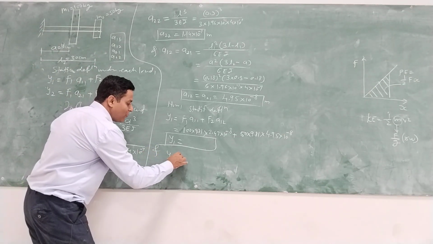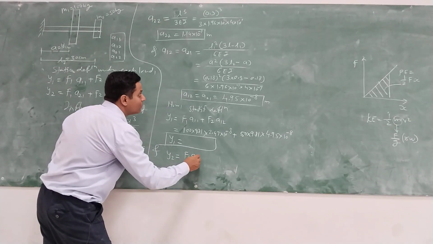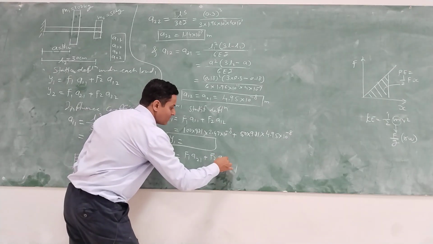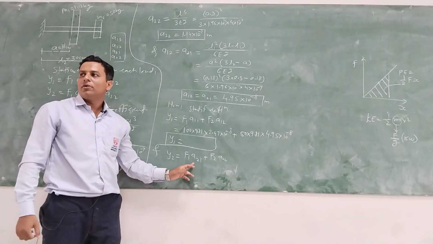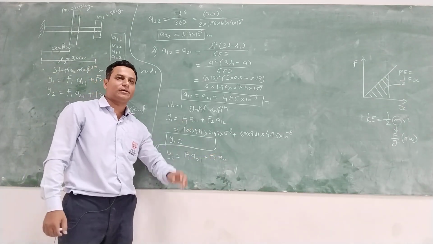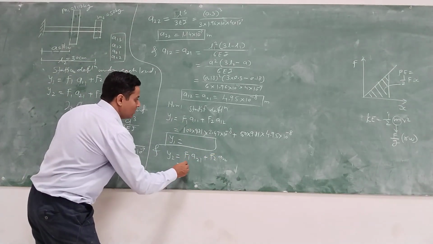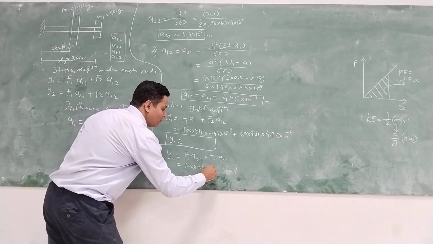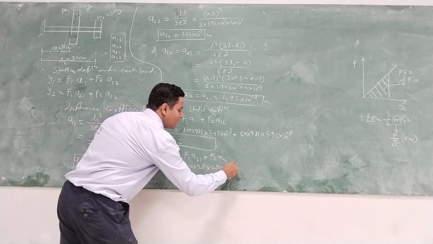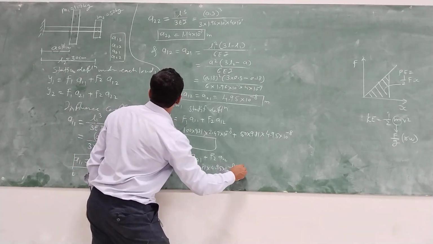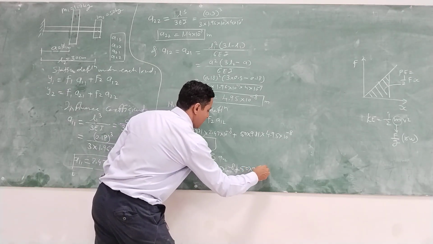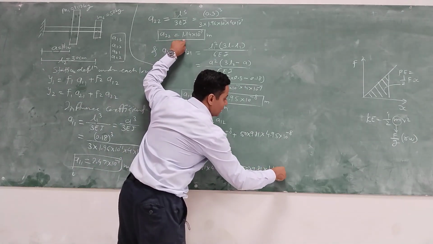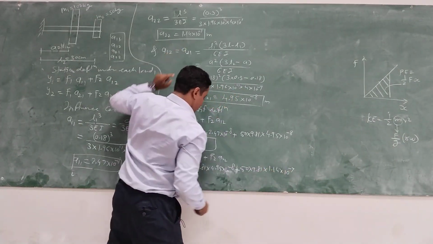And we will have to determine for load 2 also. The formula will be F into influence coefficient plus F into influence coefficient. 100 into 9.81 into A21, 4.95 into 10 raised to minus 8 plus F2, 50 into 9.81 into A22, A22 is 1.14 into 10 raised to minus 7.